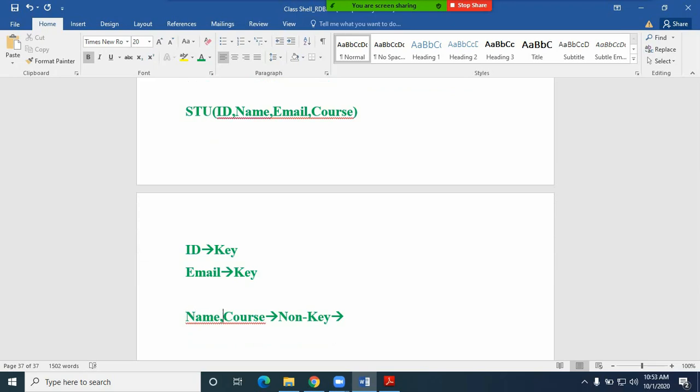Let me first define the key. A key is nothing but, with the help of the corresponding attribute, if you are able to fetch all the records without any ambiguity, we can define it as a key, because we have seen many keys in the earlier class, friends.